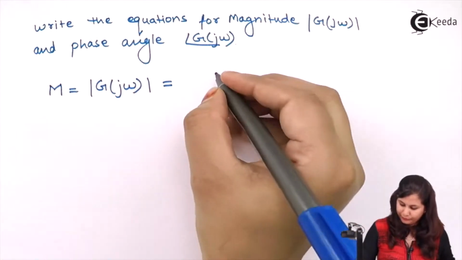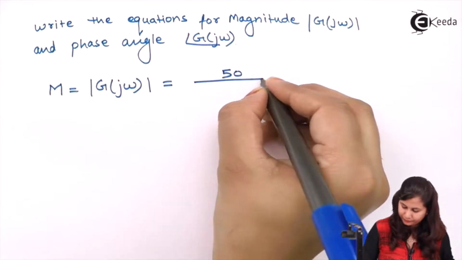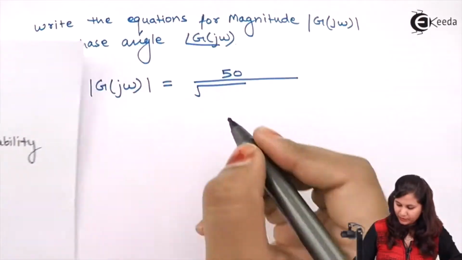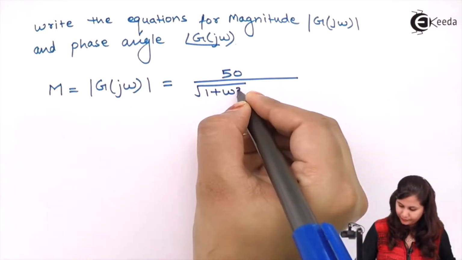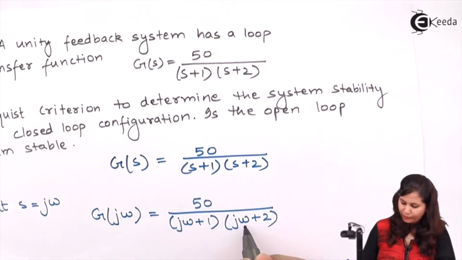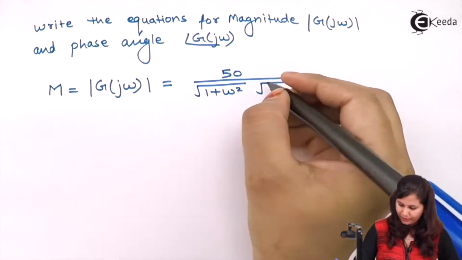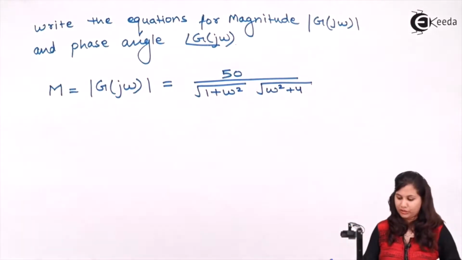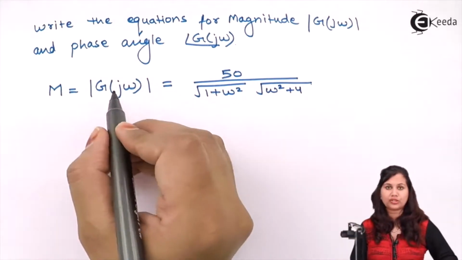So magnitude will be 50 upon under root of 1 plus omega square, and under root of, we have j omega plus 2, so omega square plus 4. Okay, so this is the magnitude of G(j omega).